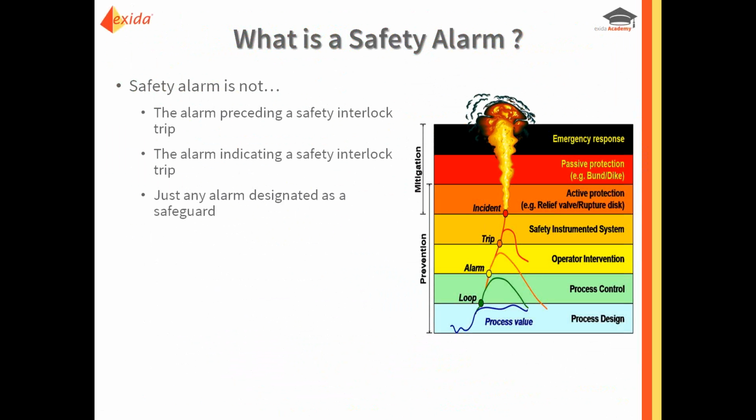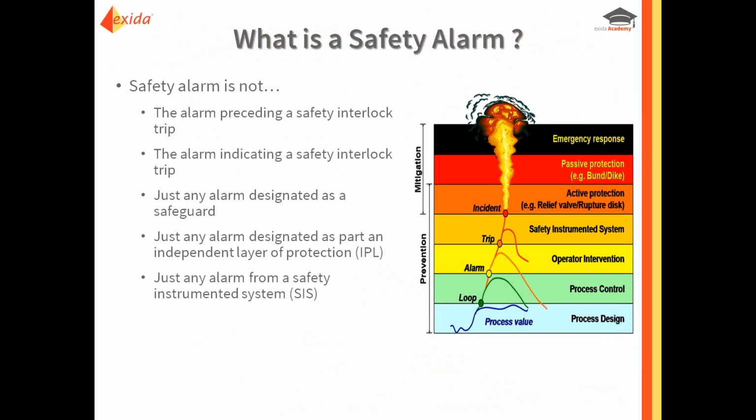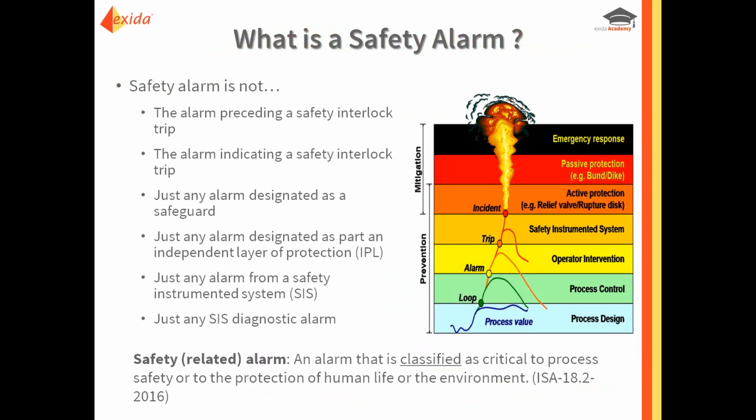It's not any alarm designated as a safeguard. It's also not just any alarm designated as an independent protection layer. It's not just any alarm from a safety system, and it's not just any SIS diagnostic alarm. So now that we know what it's not, what is it?